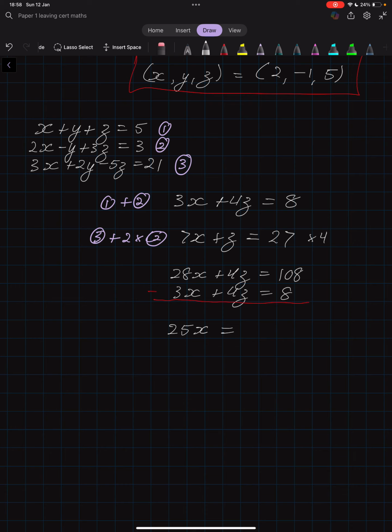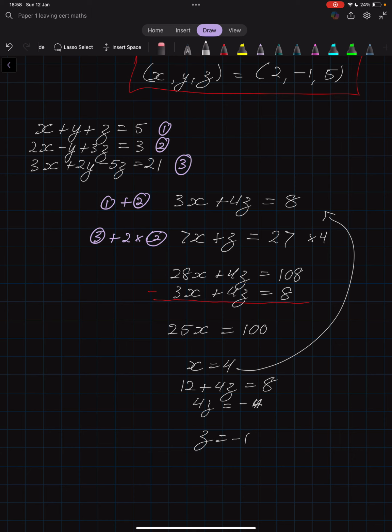Okay. Subbing back into the first equation, we get that 12 plus 4z equals 8, which means 4z equals minus 4, and so z equals minus 1. And again, I'm going to plug both of these back into equation 1.